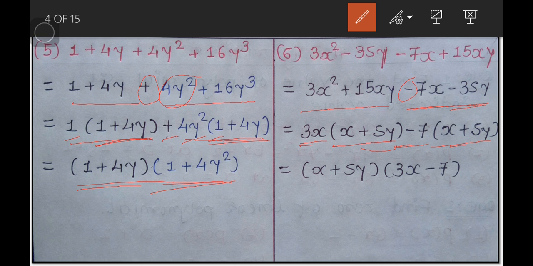Now you can see that in both terms x plus 5y is a common bracket. So we extract x plus 5y from both terms, and the remaining part, 3x minus 7, we put in another bracket.